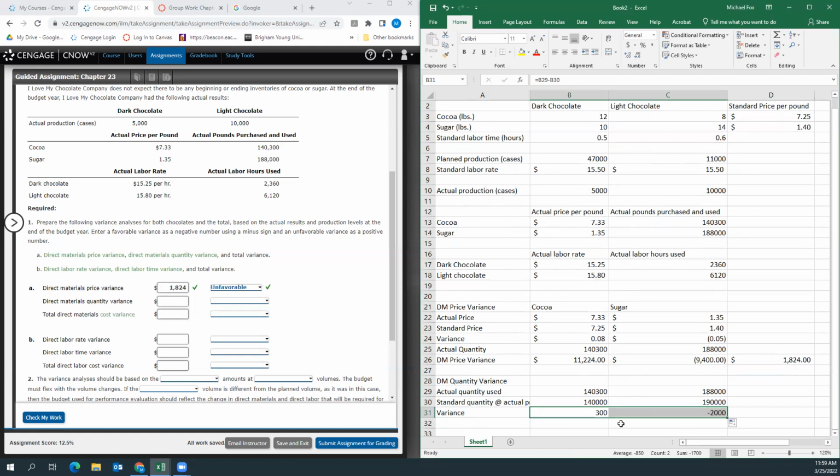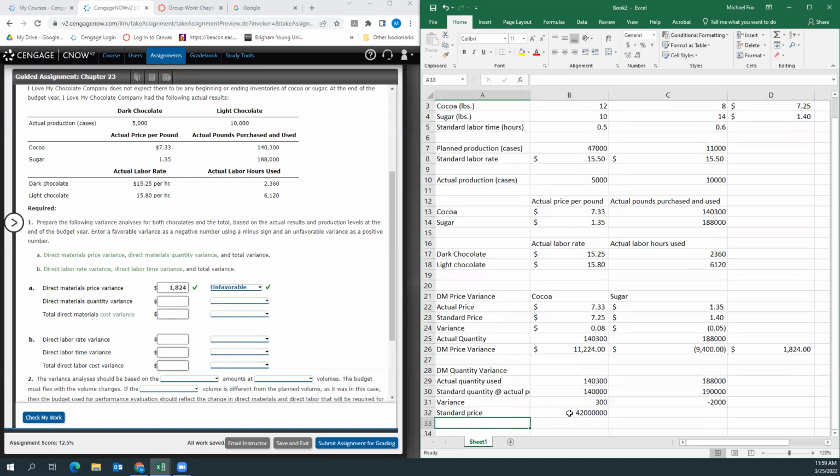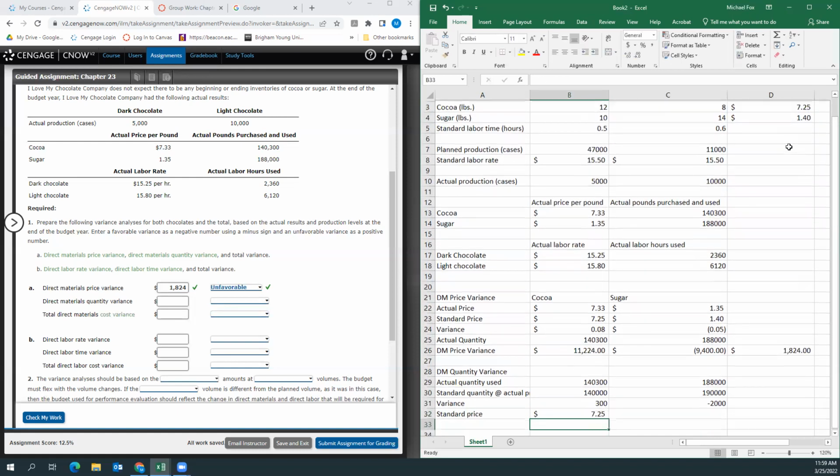Okay, so to convert that to dollars, now we're going to just multiply that by our standard price. Wait a minute, that seems off. Oh, that's because we're not doing that yet. I'm putting in the standard price. The standard price per pound of cocoa is right here, $7.25.